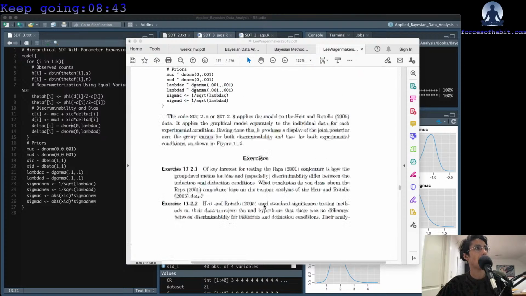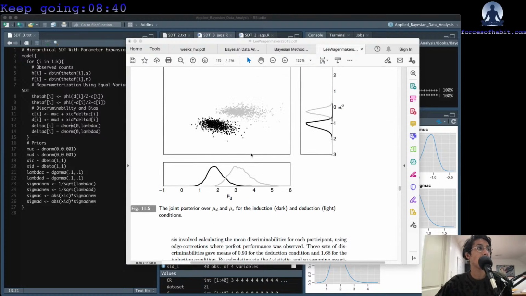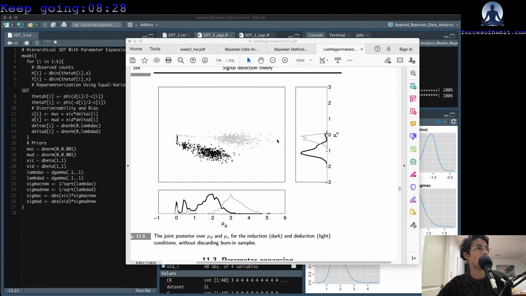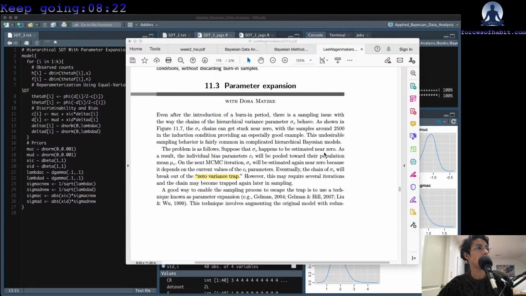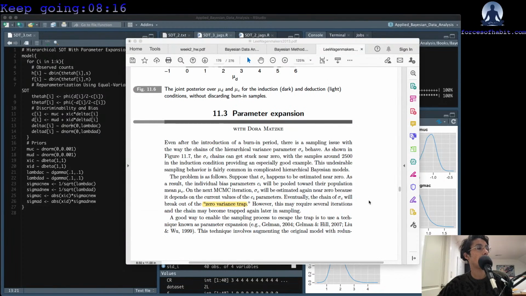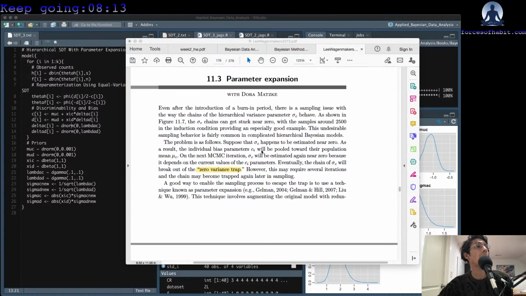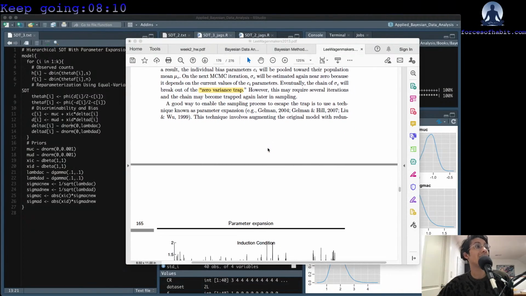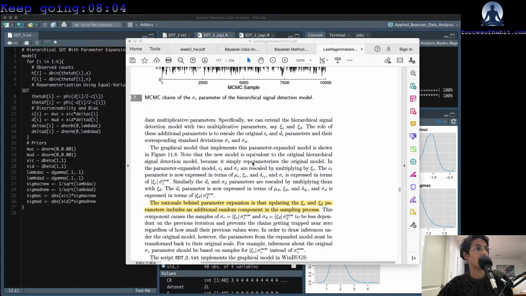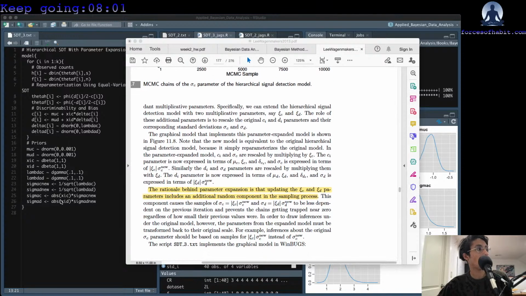And then from that, we noticed that there was the potential for us to get issues related to autocorrelation problems, where we're somehow getting stuck in these zero variance traps for our sigma parameters, and that is impacting our posterior distributions due to the dependency in the sampling.